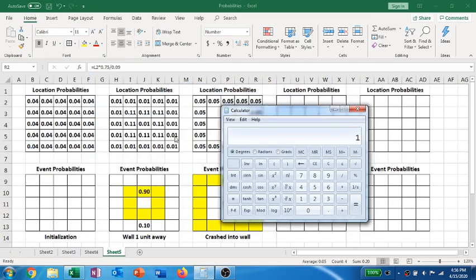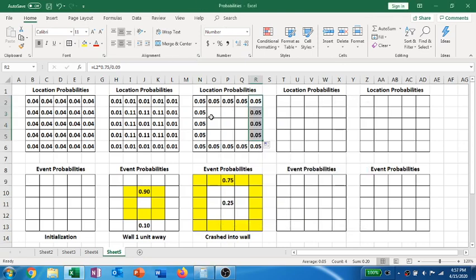I could either drag over it to find it, or I could take 1 minus 0.09, which is 0.91. So we'll take equals the previous probability times the probability of this event, in which case the event not being true, which is 0.25, divided by 0.91.